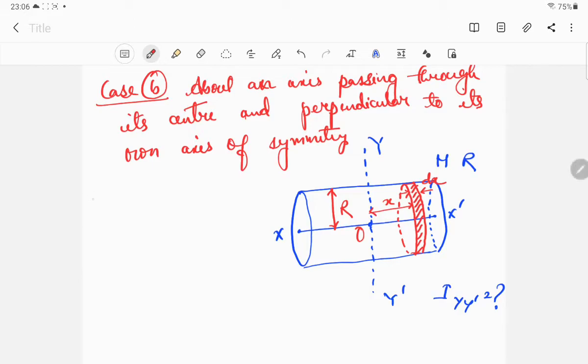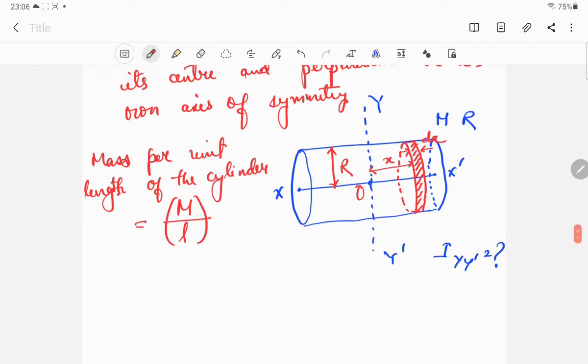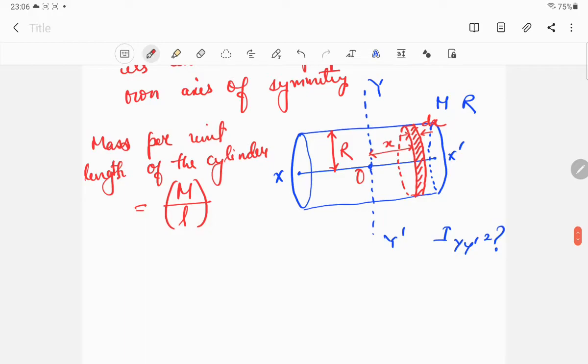Now mass per unit length of the cylinder is equal to, you know that total mass is capital M, and it has a total length of small l, so its mass per unit length will be M by l. So it's very much clear. Now you know that this particular shaded area, that disk that we have considered like this, what is the length of this disk?